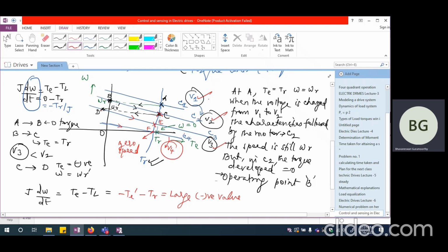So the control operation of the electric drive has to ensure that the control variable like voltage or current is decreased further and further.